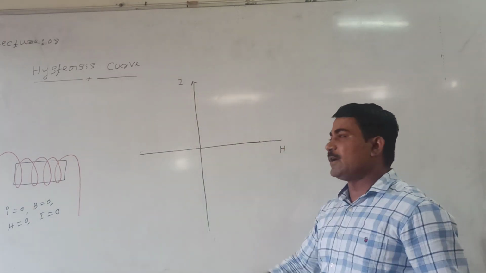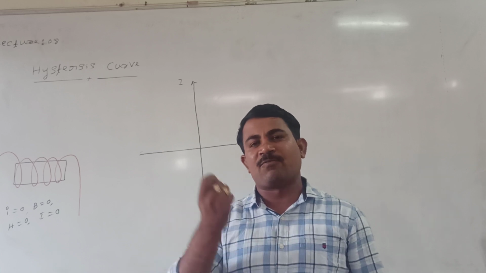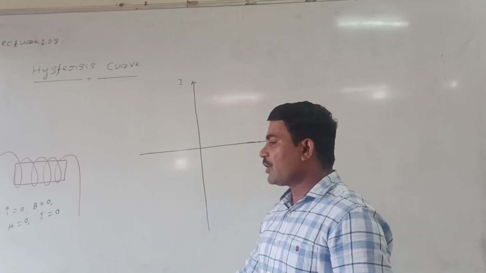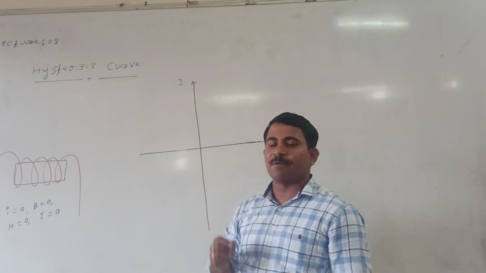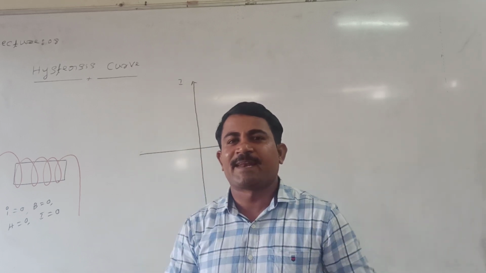In some other books they will take magnetic induction. How magnetic induction is taken and how magnetization is taken, that we will see. Either can be taken here, magnetic induction or magnetization, both are the same. How it is the same, I will explain later.